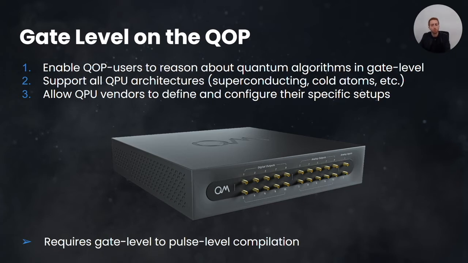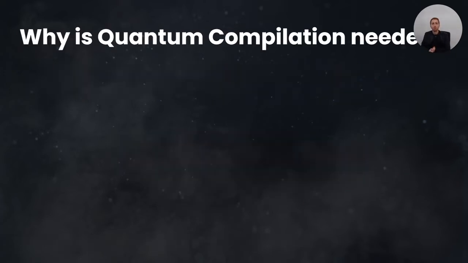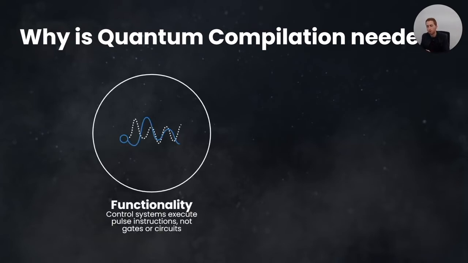Why do we need quantum compilation? For two reasons. The first one, functionality. Control systems don't understand our mathematical abstractions. Gates and circuits are a mathematical abstraction which is not understood. What is actually being applied are pulses, right? So we need to somehow translate or compile those mathematical abstractions down into pulse instructions.